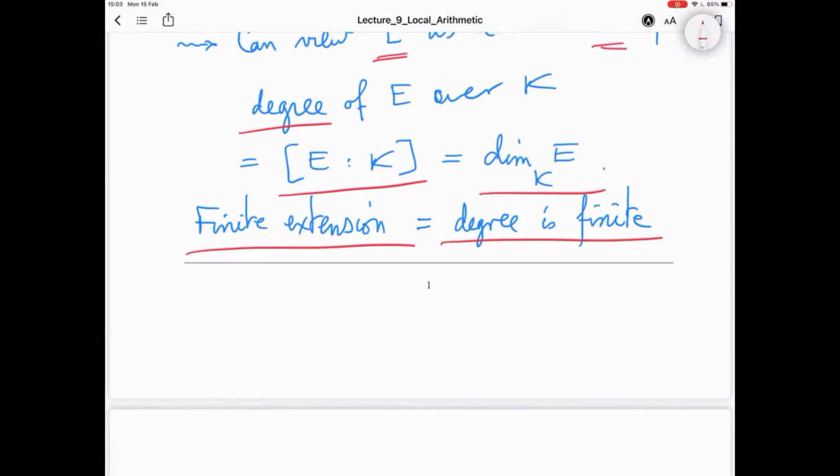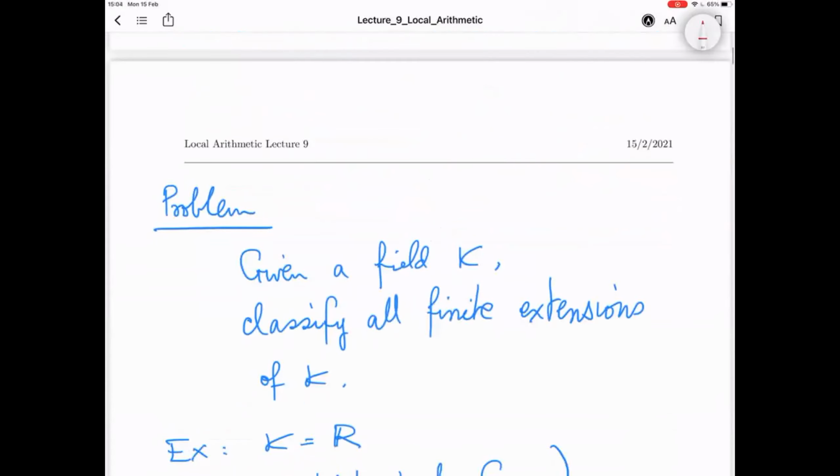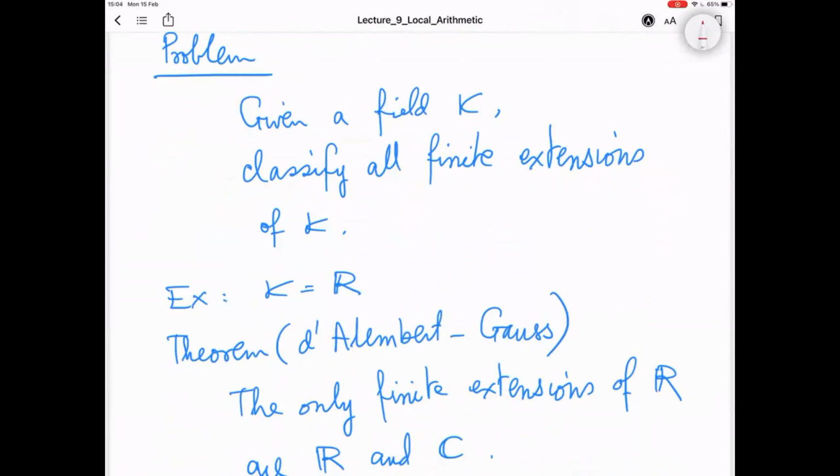So we have a field K, which is sort of the base field, which is fixed throughout the discussion. Then we are considering various extensions of K. We start with extensions of finite degree, okay? And they are called finite extensions. Now, whether it is finite degree or not, one of the problems would be to classify all finite extensions of a given field K. I mean, this is a very ambitious problem.